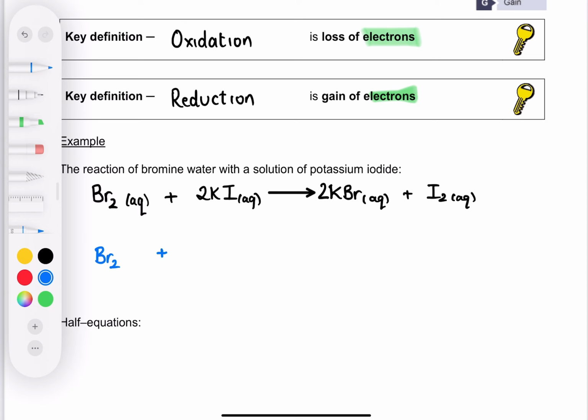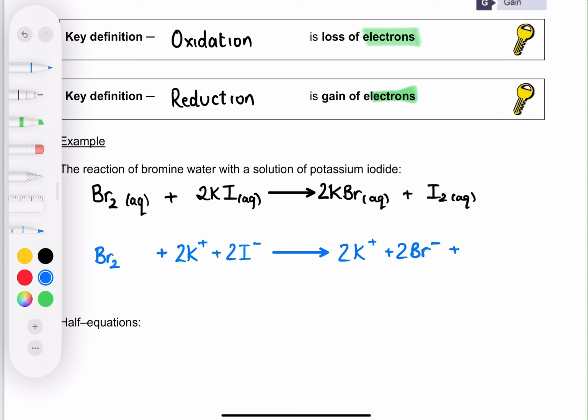Potassium iodide contains a metal and is therefore ionic, so we're going to split that up into potassium ions and iodide ions. On the other side, we're also going to have potassium ions and this time bromide ions. So the potassium ions are going to cancel. If I were to put them in, I would have 2K+ and 2I-, and over here, 2K+ and 2Br-.